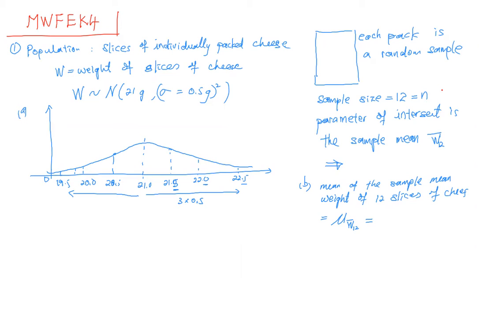So can you please look at this question and tell me what is the population mean? 21. Yes. Until now, whoever don't know this, that is 21 gram. It's good to put 21.0.